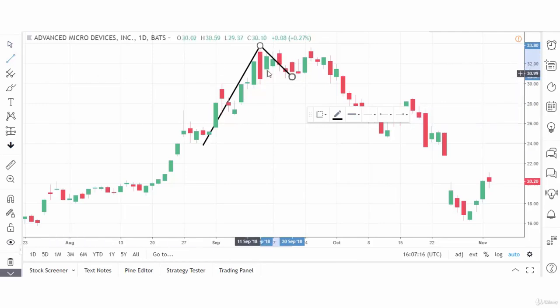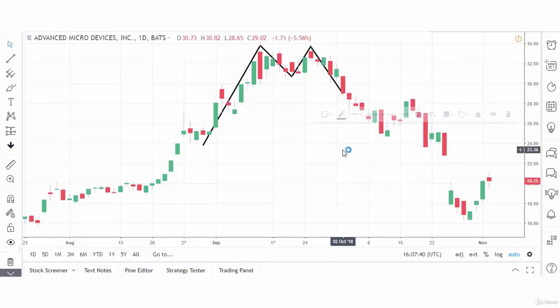And then another attempt to go through a resistance level, the high that has been set by the stock previously. And then a move down in the stock. As it breaks through this level right around 31, that's the point where we want to go short the stock. So you can see we have the M pattern.